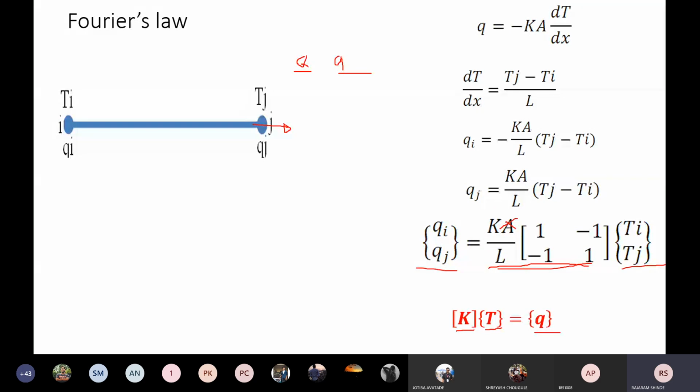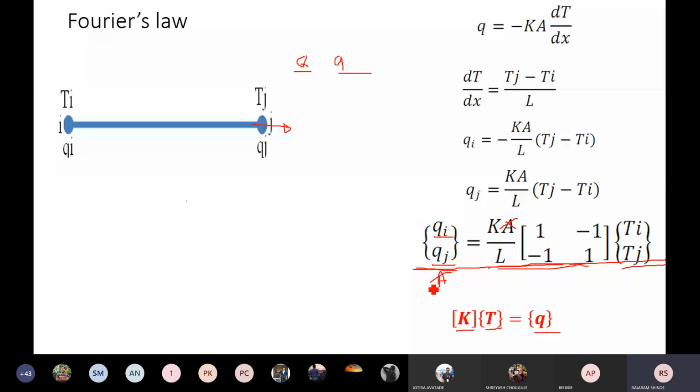If you have doubt, you can ask me. Sir, how can we use it for heat flux? Heat flux is heat flow per unit area. When I divide the whole equation by area, I get heat flux here and heat flux here. On the right side, this A is cancelled.